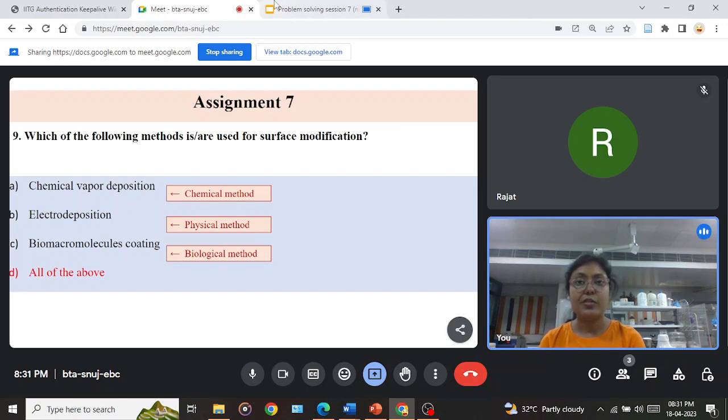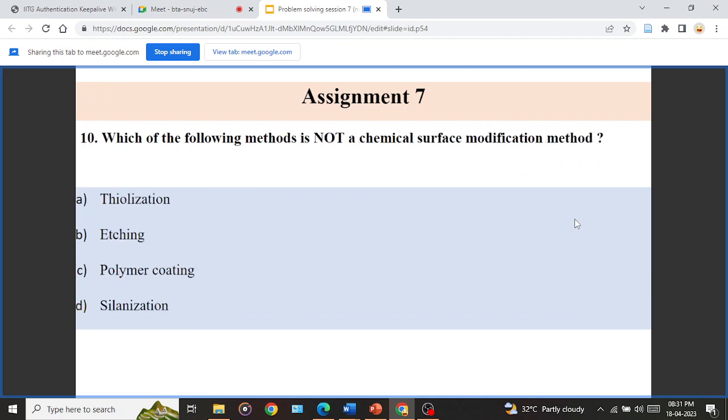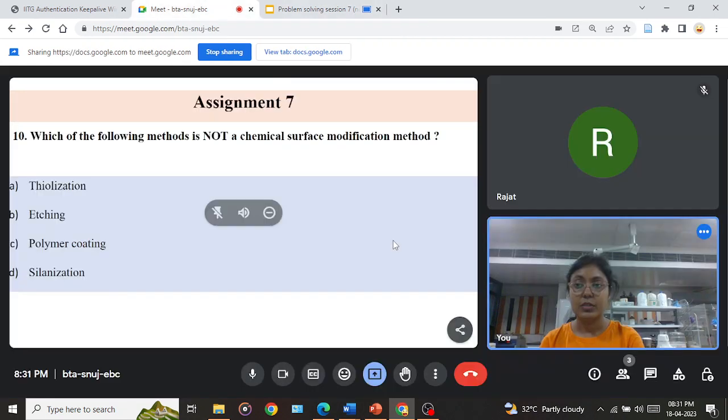So okay, we have question 10: which of the following methods is not a chemical surface modification method? Just now we discussed that one among them was a chemical method, another was a physical and biological method. So here you are given four options, among which one of these is not a chemical surface modification method. You have to remember the term chemical surface modification.